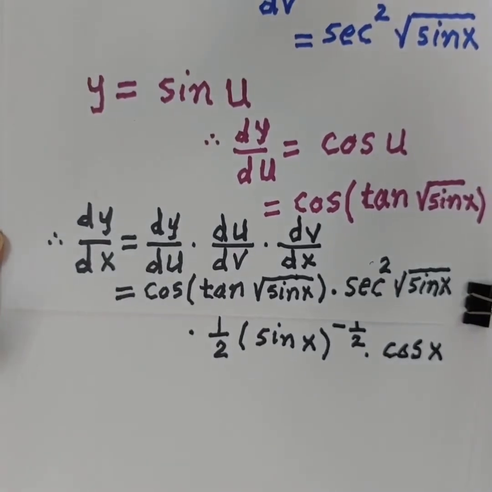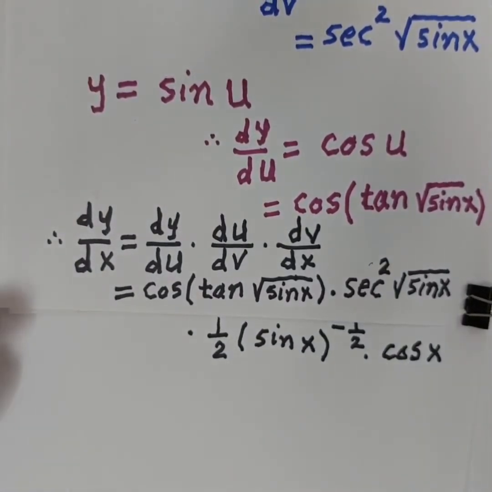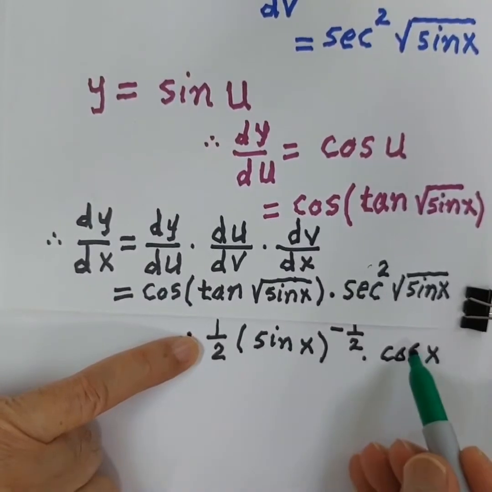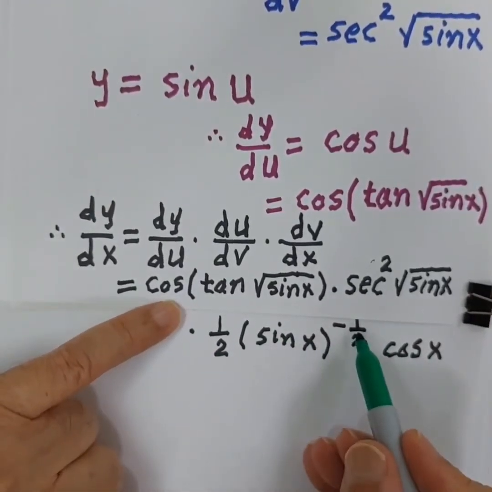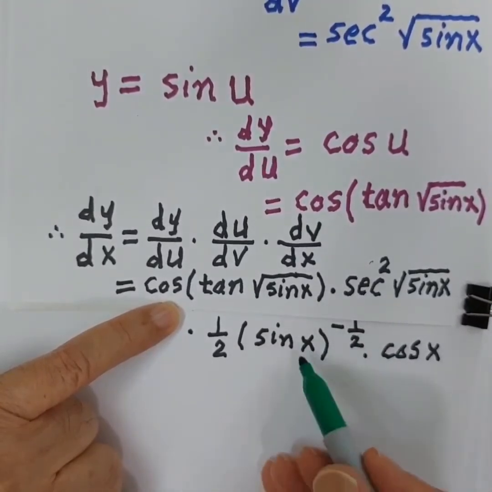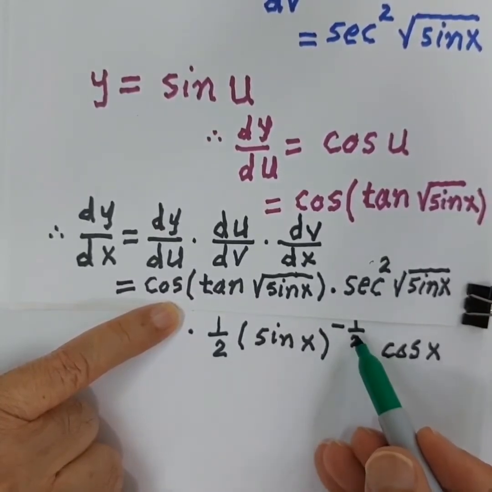And we will try to simplify this answer to be a little bit easier. Here we can write it in a different simple way by putting the power in positive. That means make a flip, put sine x in the bottom, and change the power from minus into positive.